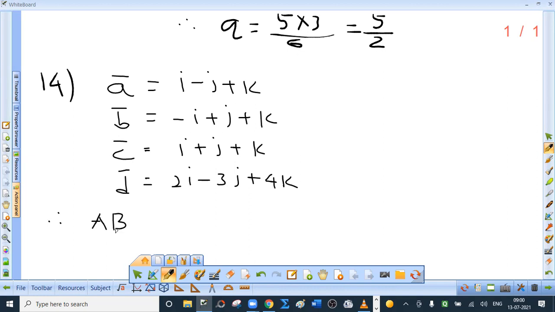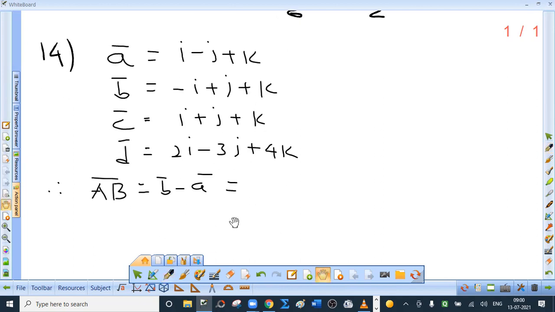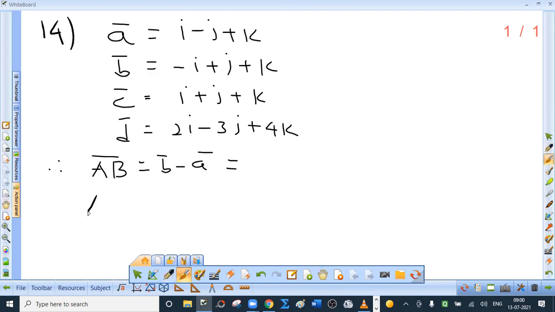Now tell me what is AB bar? AB bar is basically b bar minus a bar. Tell me all this: AB bar followed by AC bar and then AD bar. Find out these three.